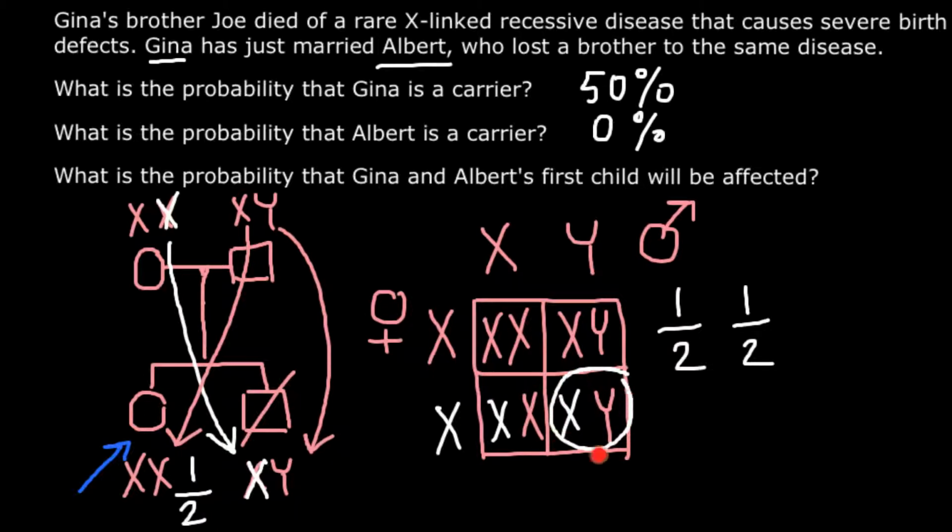And as you see, half of the male children would express this genetic disorder. So 1/2. So as you see, we have 3 independent probabilities. That means that we have to multiply them, and our final answer would be that the probability would be 1/8. And this is going to be our answer today.